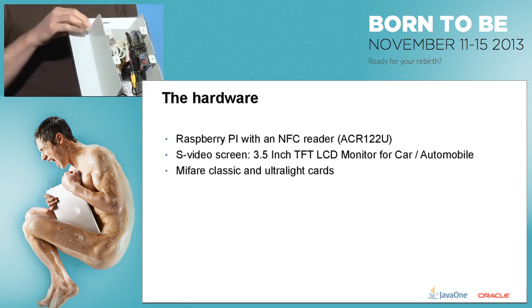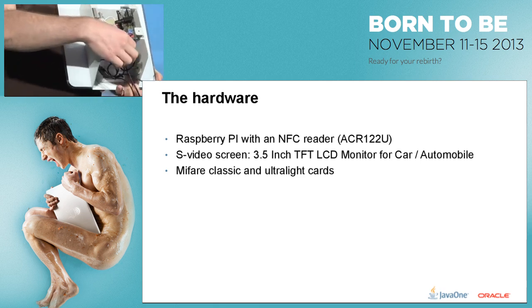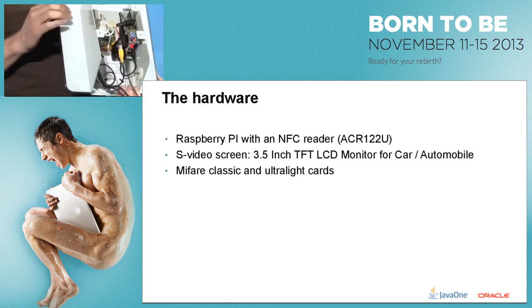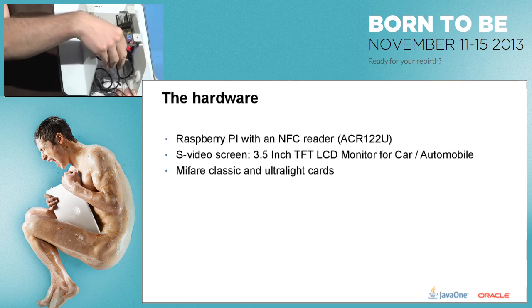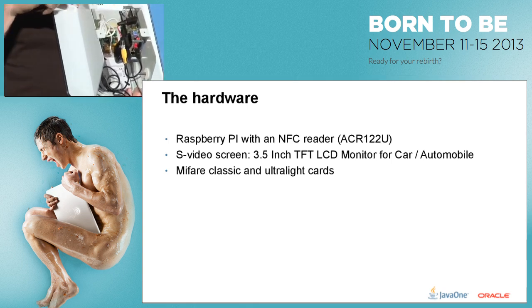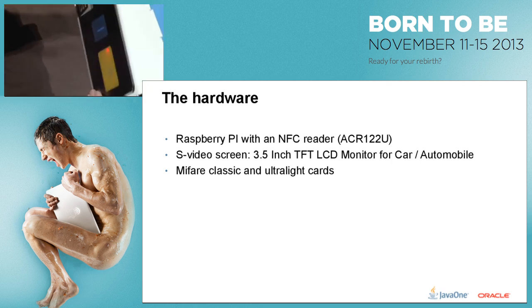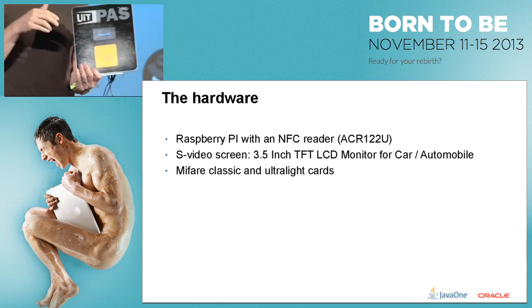But right for me might be left for you. I think it's always confusing when a camera says go to the left, and we had this discussion before. Here we attach the S-Video screen. Now I have to turn it again, because here you see the screen. And so this is the hardware setup.